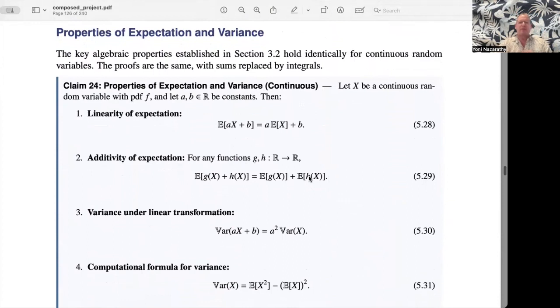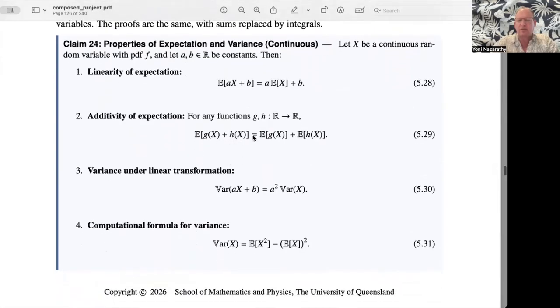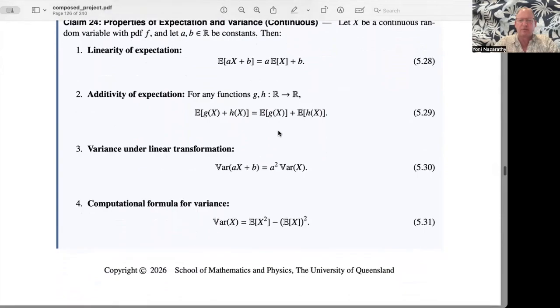Properties of expectation and variance are the same as those we had for discrete random variables. The expectation of an affine combination is an affine combination of the expectation. The expectation of a sum of functions of the random variable is the sum of the expectations of the functions.